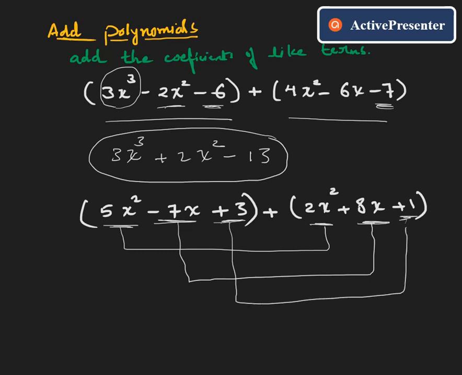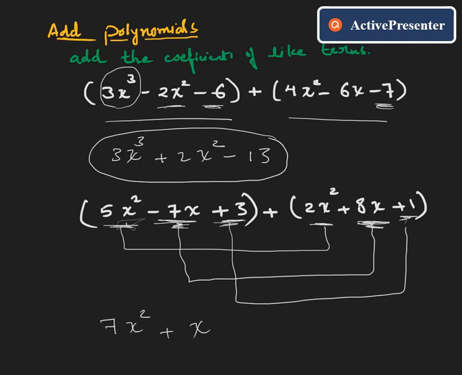So the answer should be 5x squared plus 2x squared, which is 7x squared. And minus 7x with plus 8x should be plus x, because minus 7 plus 8 is 1, so 1 is not written.